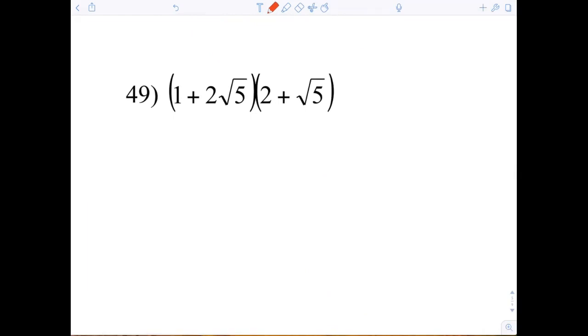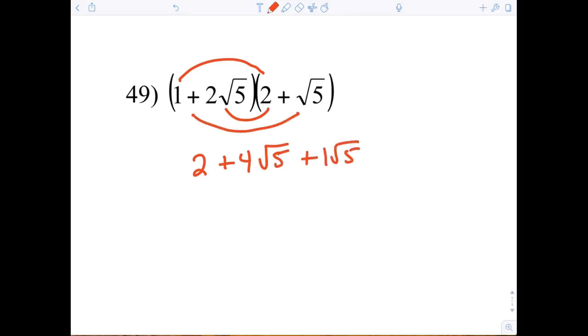All right, 49. One times 2 is 2. Plus 4 radical 5. Plus 1 radical 5.